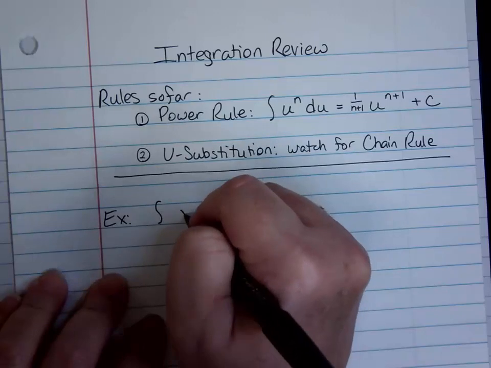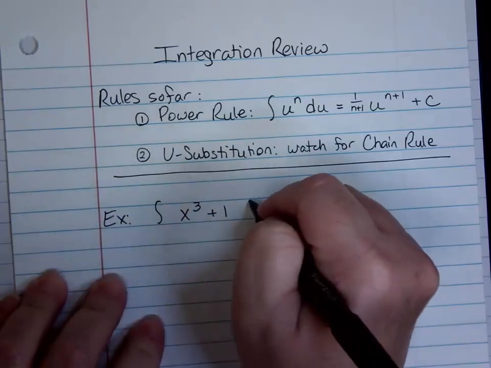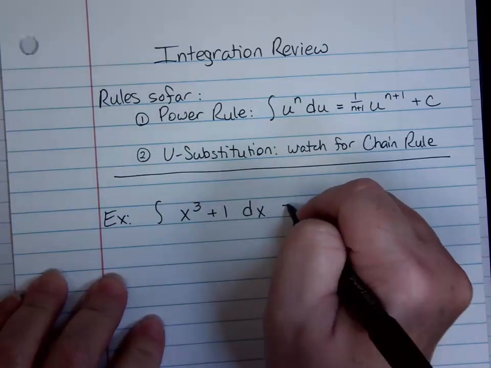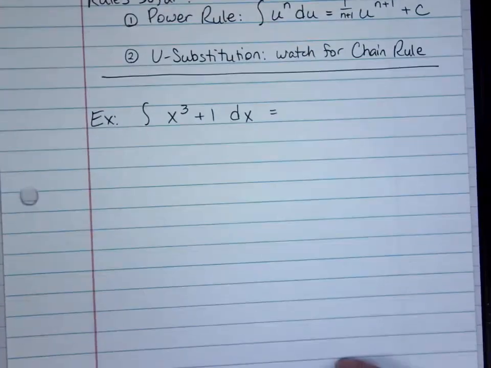So let's start with this example. The integral of x cubed plus 1 dx. Does that problem require a U-sub? No. There's nothing inside of anything. The only thing inside of the power 3 is an x. So you don't need to do a U-sub for just an x.